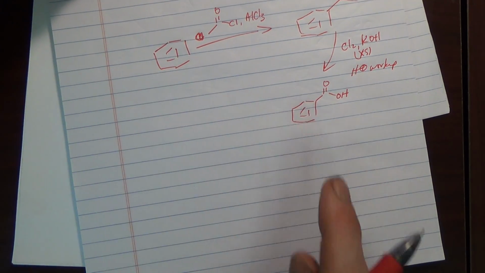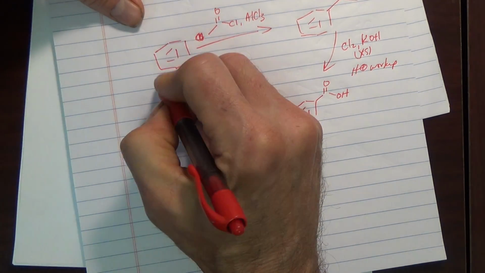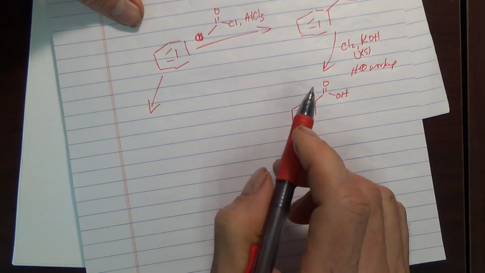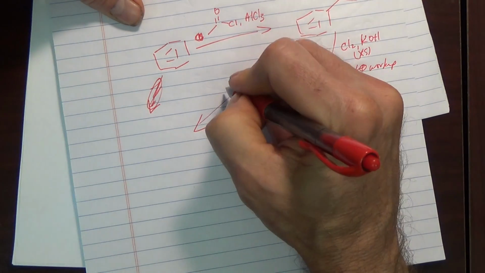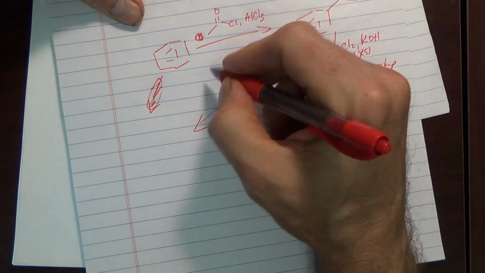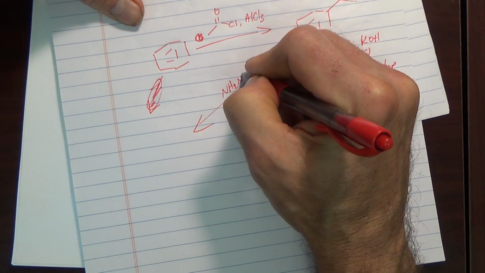Now the way we did this back during aromatic chemistry is we often reduce this, maybe with a Clemmensen reduction, or now remember Wolff-Kishner.